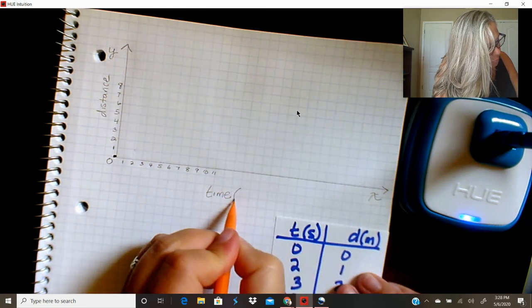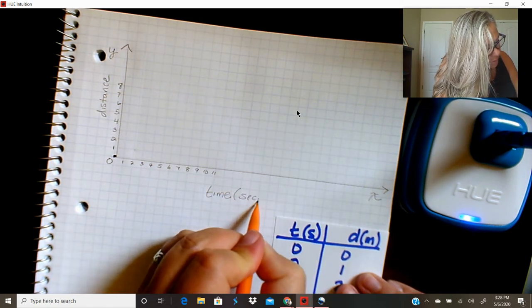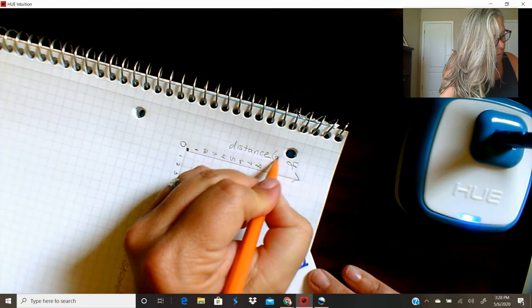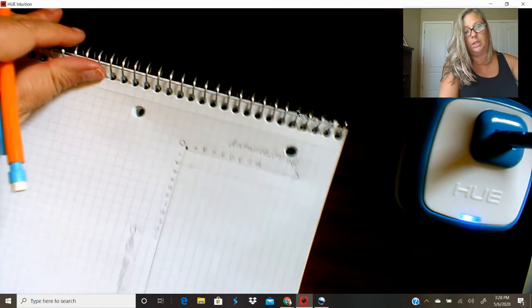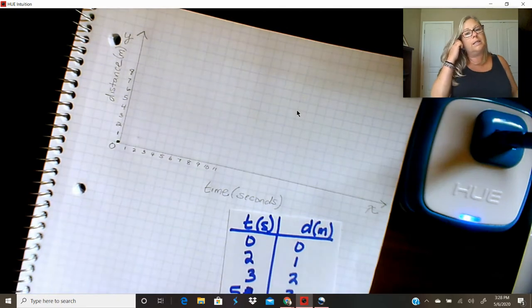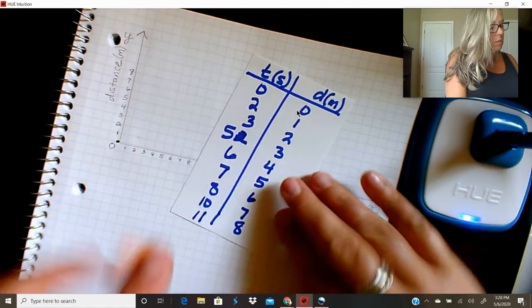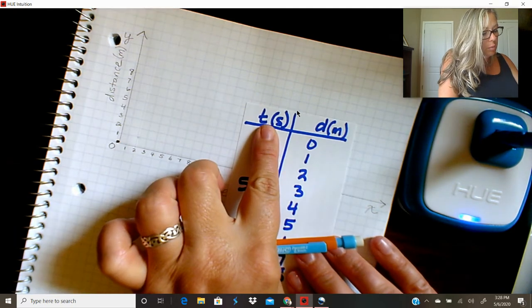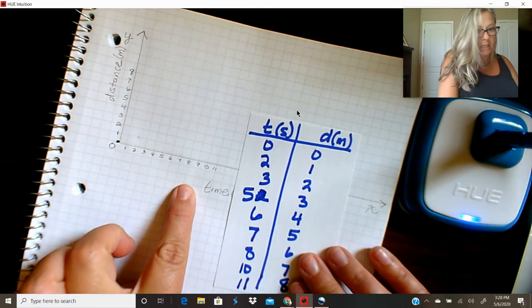I'm also going to mark my unit time in seconds, and my distance was in meters. I'm just going to put an M for meters because that's actually the correct abbreviation for it. Now, I set up my data table so that the time would be first because the time is represented on the x-axis.